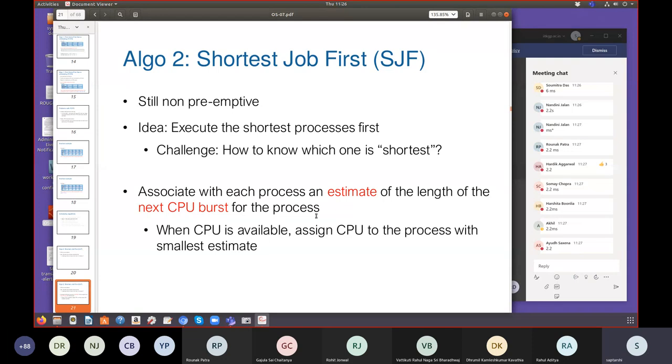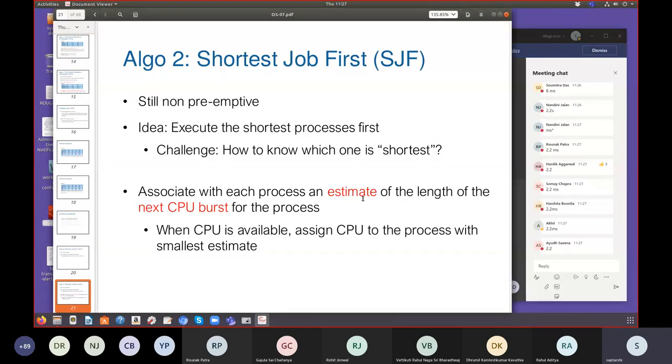Okay. So this is an estimate. Remember, there is no guarantee that this estimate will be correct. But that's the only thing that can be done. You cannot predict the future, right? So the kernel tries to guess what the next CPU burst time would be for different processes.